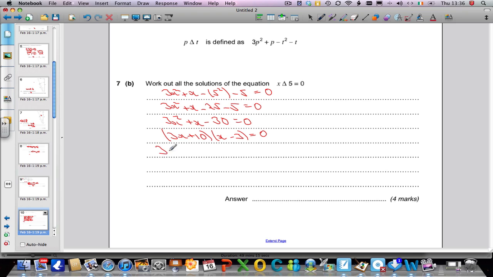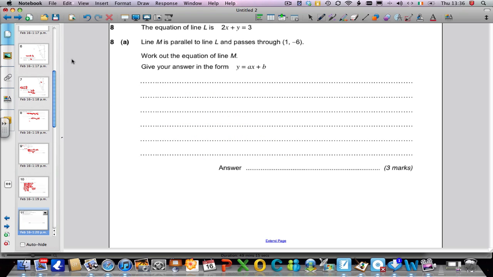So setting up two equations, 3x plus 10 equals 0, which means 3x equals minus 10, which means x equals minus 10 over 3. And this second equation, x minus 3, must be equal to 0, so x equals 3. So the answer is minus 10 over 3 and 3. Okay, flying along here.